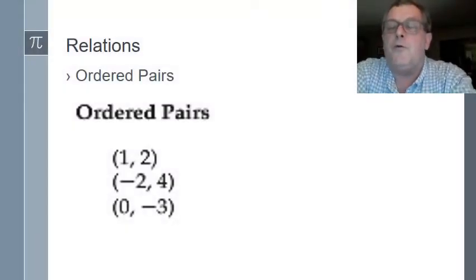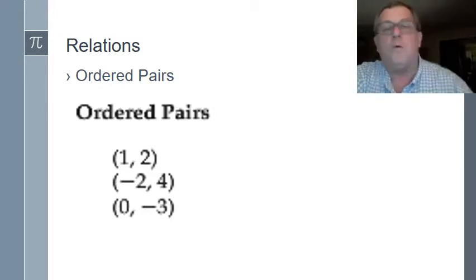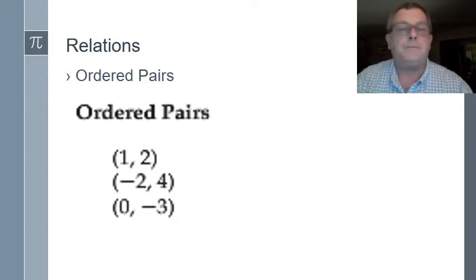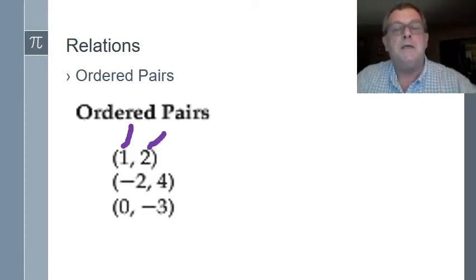So looking at a third representation of ordered pairs, and this is the one that I think is probably the most common that we'll run across, and that's simply listing an ordered pair where we've got 2 values inside parentheses. The value on the left side of the parentheses we're going to say is the x value, or the independent variable, and the value on the right of the parentheses is the y value, or the dependent variable.